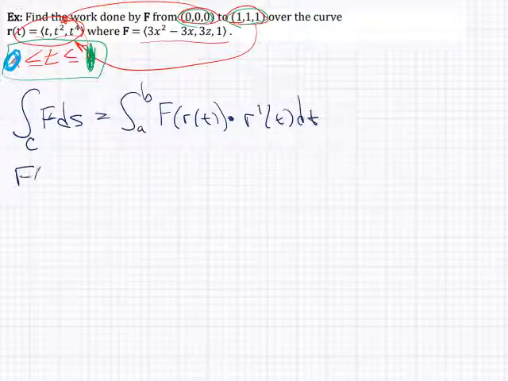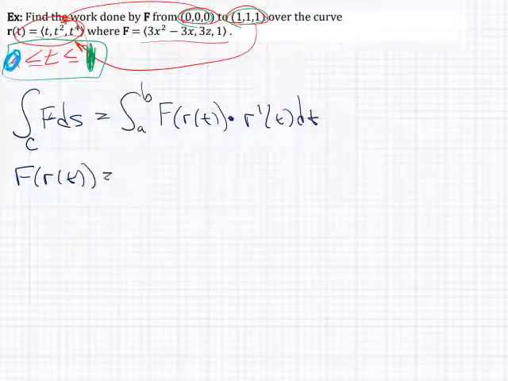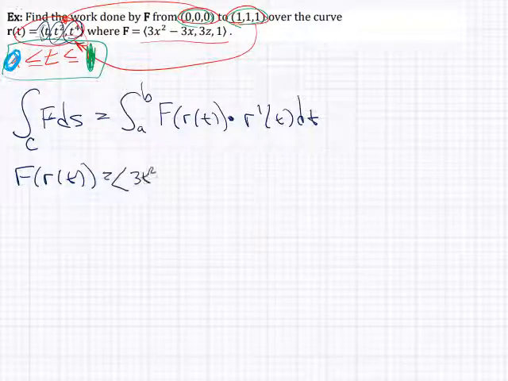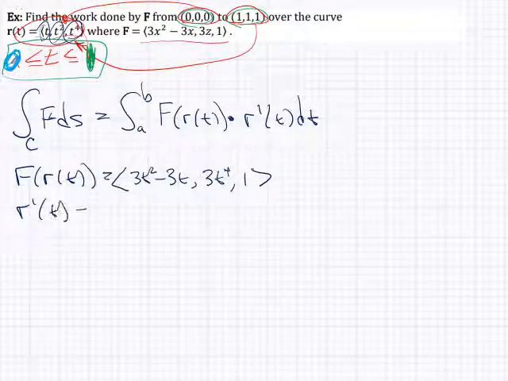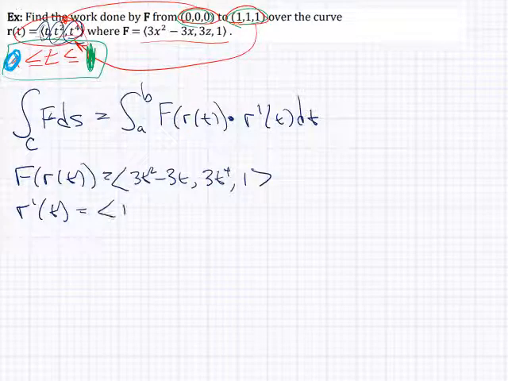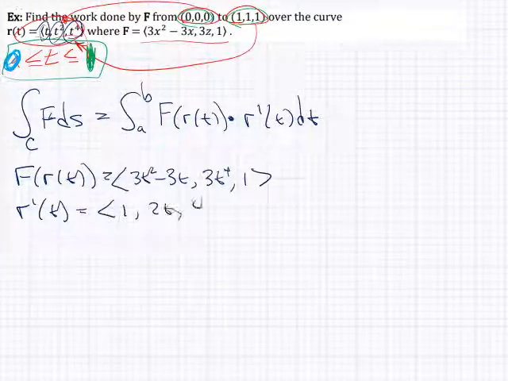And so f of r of t is going to be, remember, x, y, z. So we're going to get 3t squared minus 3t, 3t to the fourth, and 1. r prime is going to be 1, 2t, and 4t cubed.